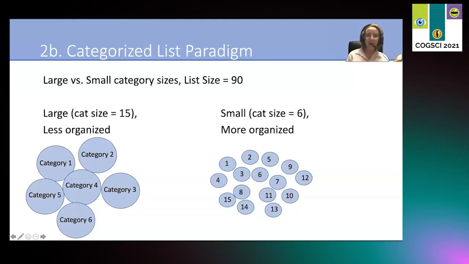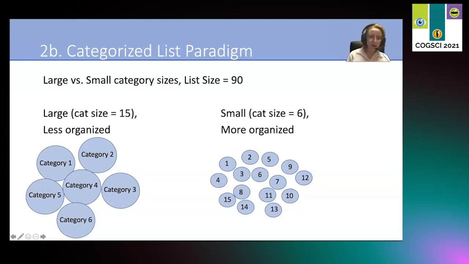So this is an interesting paradigm because it actually supported the retrieval disruption hypothesis in the original experiment. So the retrieval disruption hypothesis predicts that there will be a larger effect of collaborative inhibition in the large category condition than in the small category condition.